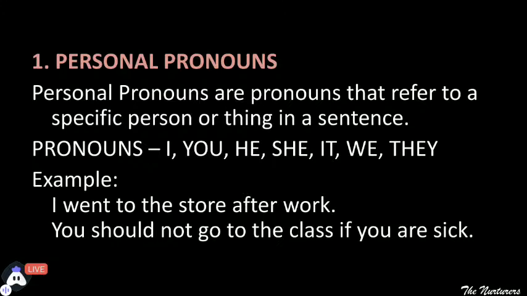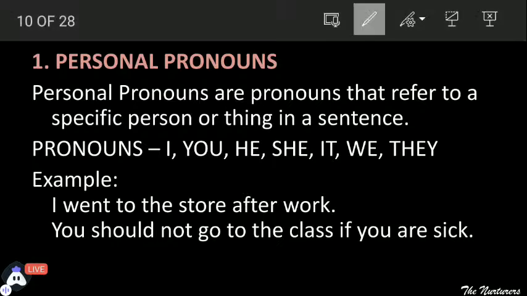For example, I, you, he, she, it, they, we. For example, I went to the store after work. Now we are talking about a specific person, and that specific person is we ourselves. So we have used the pronoun I.